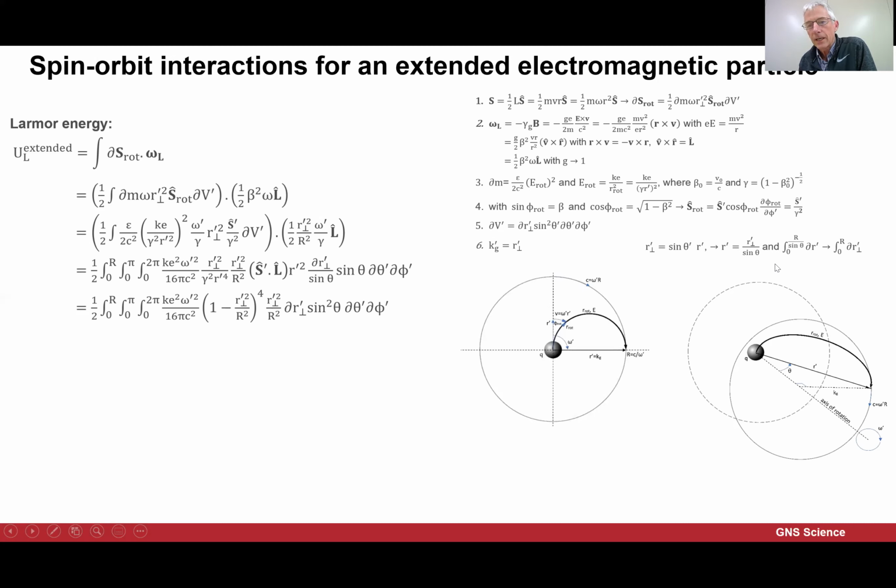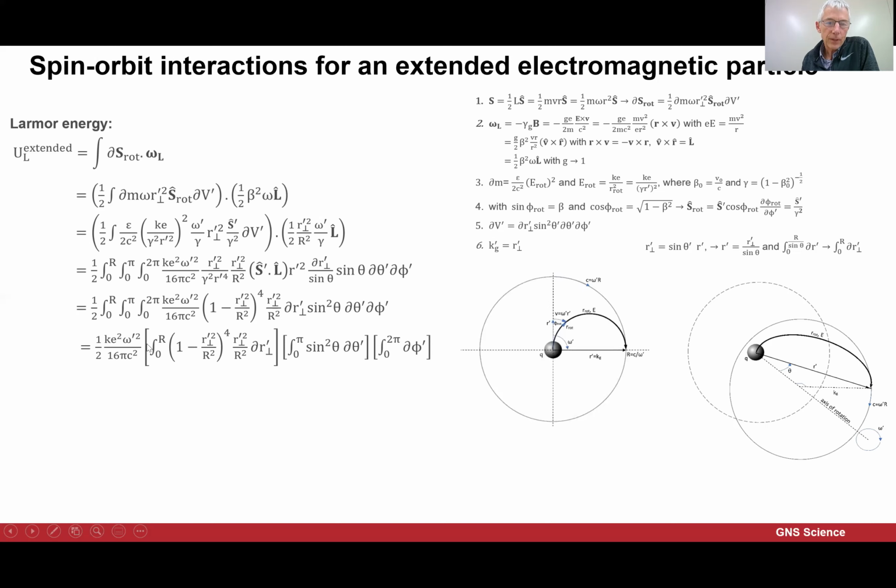So this allows us to convert an arbitrary radius r dash to the radius in the rotational plane using these expressions here. So that's what I've done in this expression.